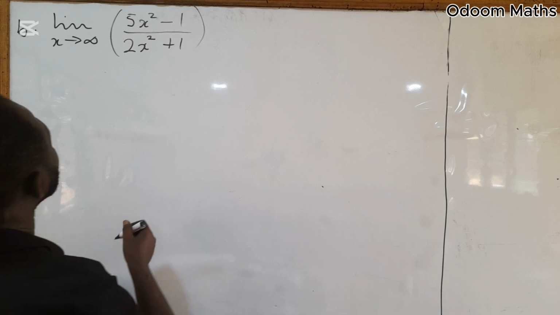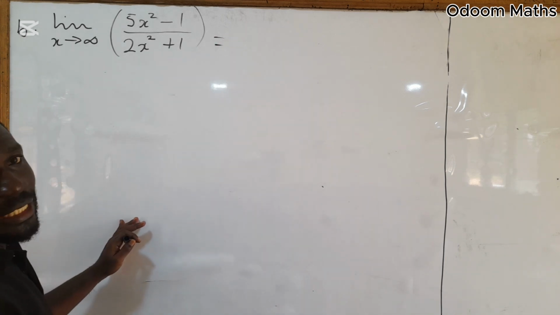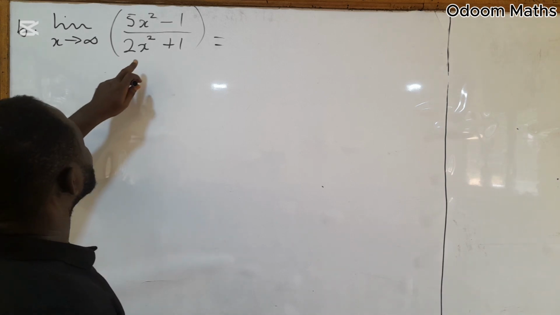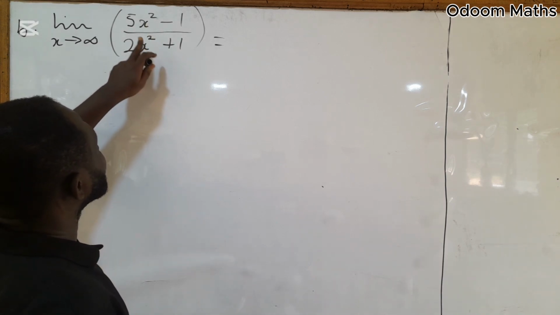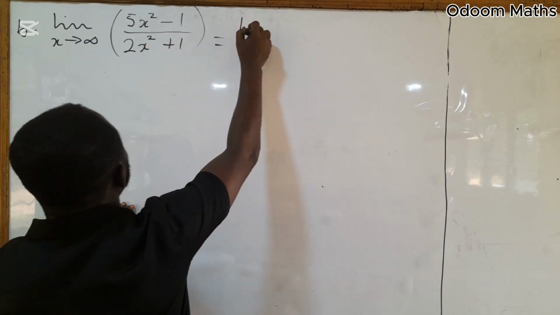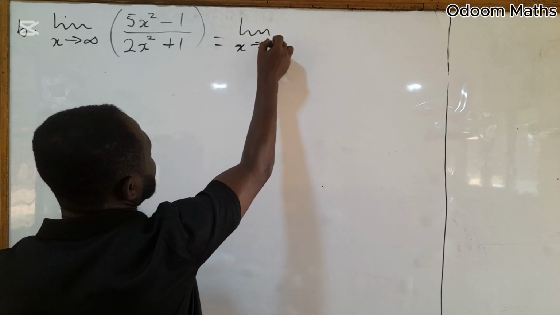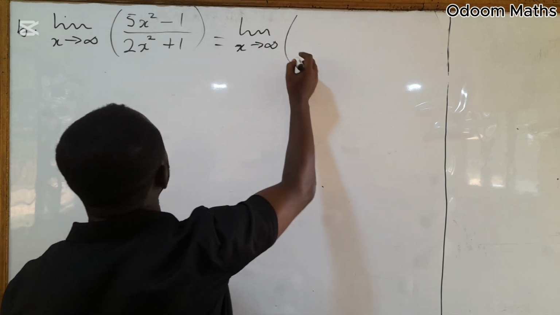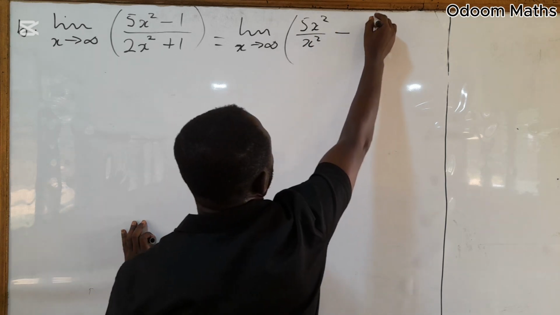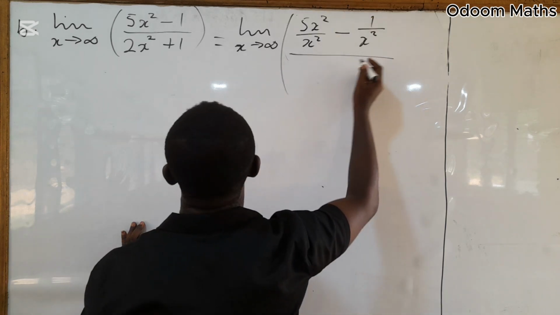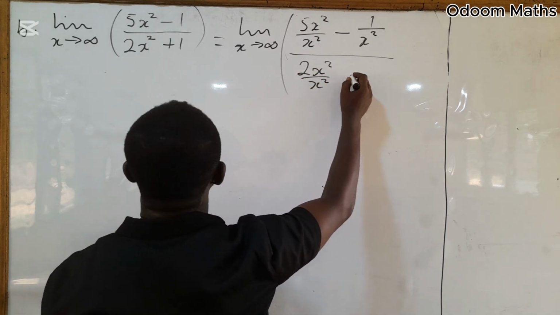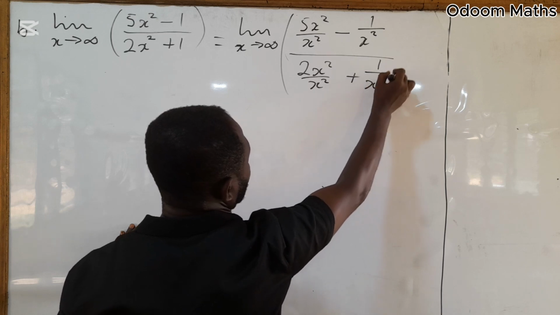So now, like we said earlier, when you have something like this and x is approaching infinity, what we need to do is divide both the numerator and the denominator by the highest power of the variable. So here we have the limit as x approaches infinity, and that is going to be 5x squared over x squared, then minus 1 over x squared, divided by 2x squared over x squared, plus 1 over x squared.